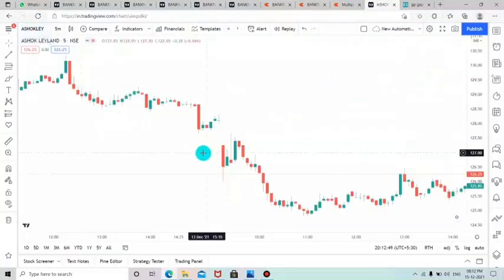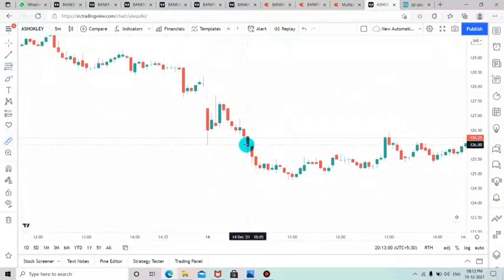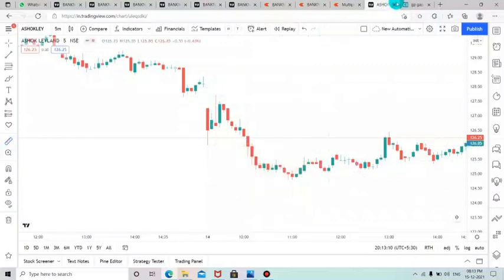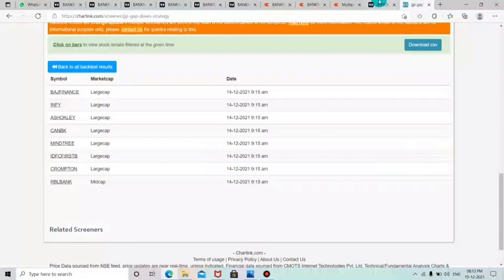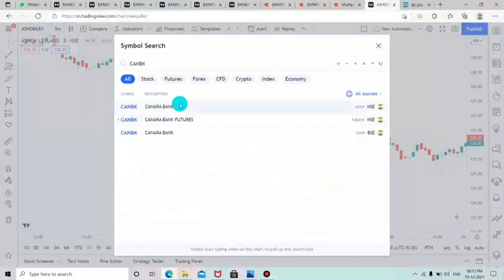Ashok Leyland. Right now you can see Ashok Leyland has given an entry here. The entry happened here, so you can see how many points it has given. Almost 0.96% has been reached for this stock. This is the best strategy you can do as a stock trader.